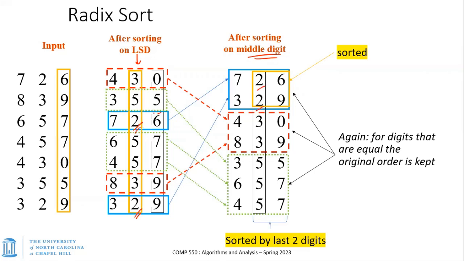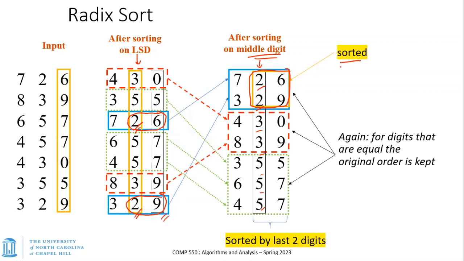Now, if you notice this, you had 26 over here, and you have 29. Now, 2 is the smallest middle digit, and it's going to appear at the top as compared to the 3s and the 5s, right? But the important thing is that because it's stable, 26 is guaranteed to appear before 29.